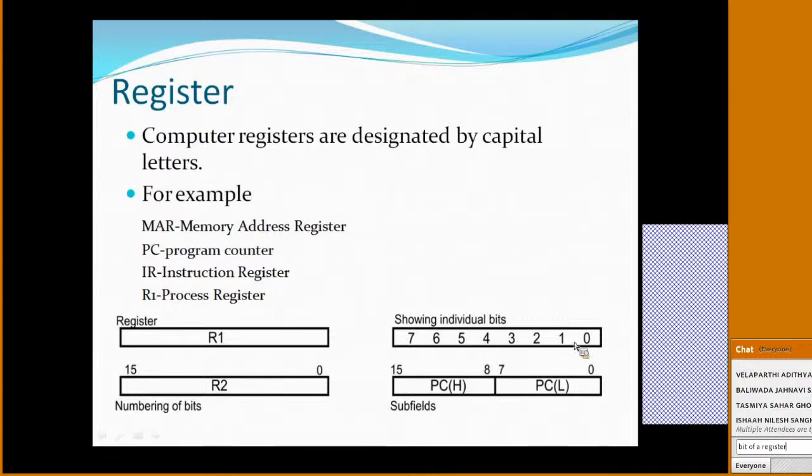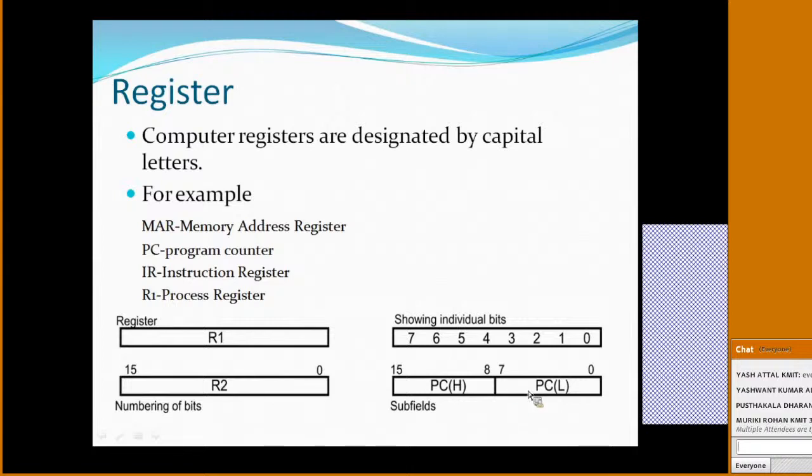Assume that you have a register whose range is from zero to 7 bits, right?